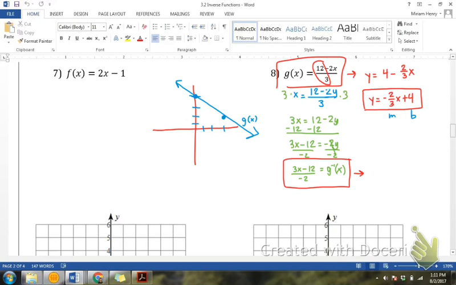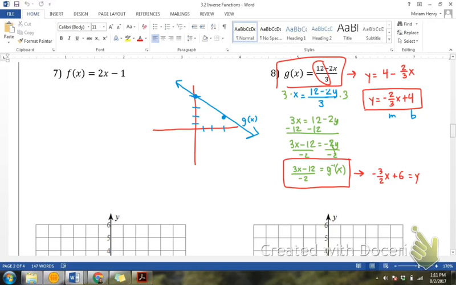Can you reduce 3 over negative 2? Nope, so it's just going to say negative 3 over 2x. Can you reduce negative 12 over negative 2? What does that make? Positive 6, right? Or over 1, which is still just 6, equals y. Can we graph this one?